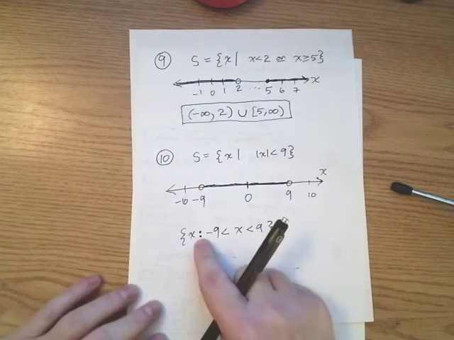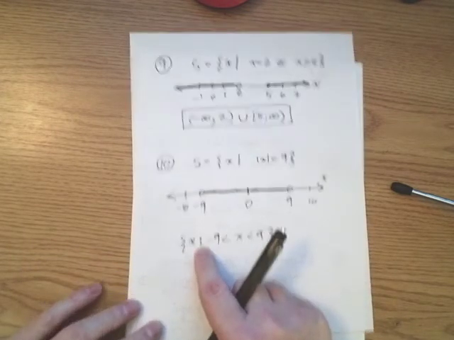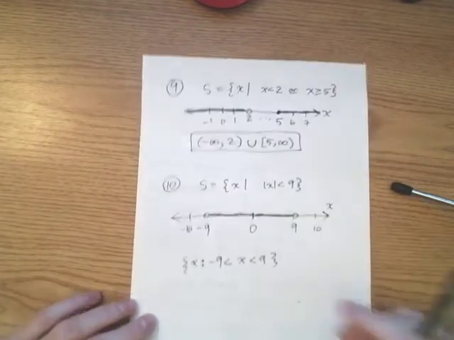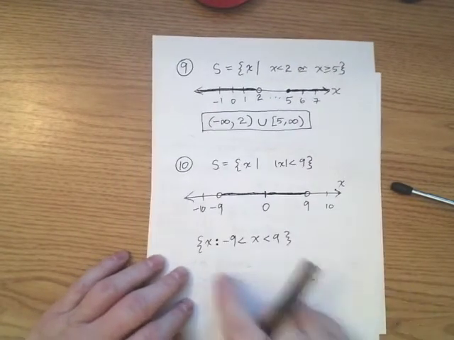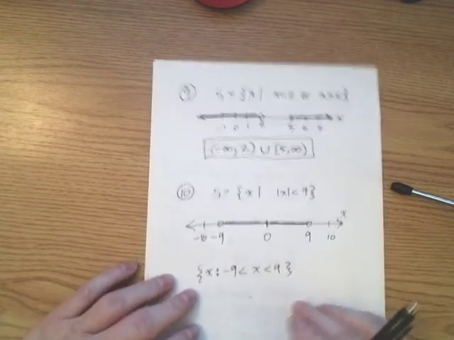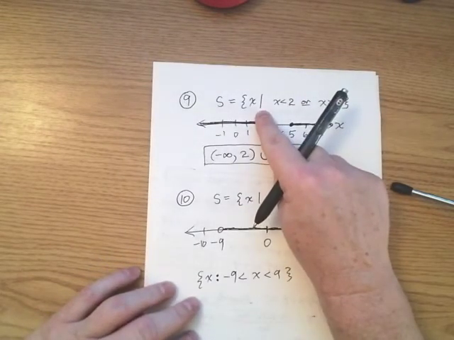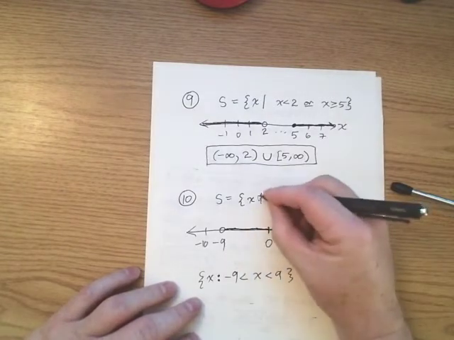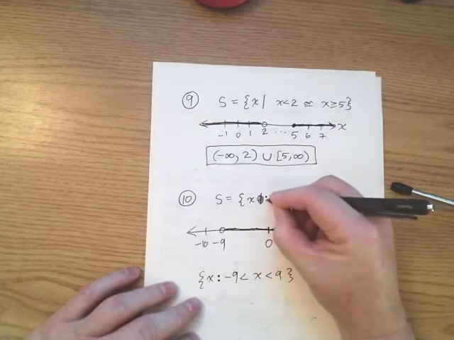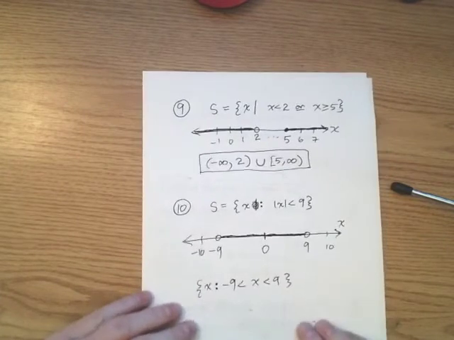You will see both of those. In the quiz online, I used a colon because it was too easy to get that vertical line mixed up with absolute value. So online, I actually did this, I believe.